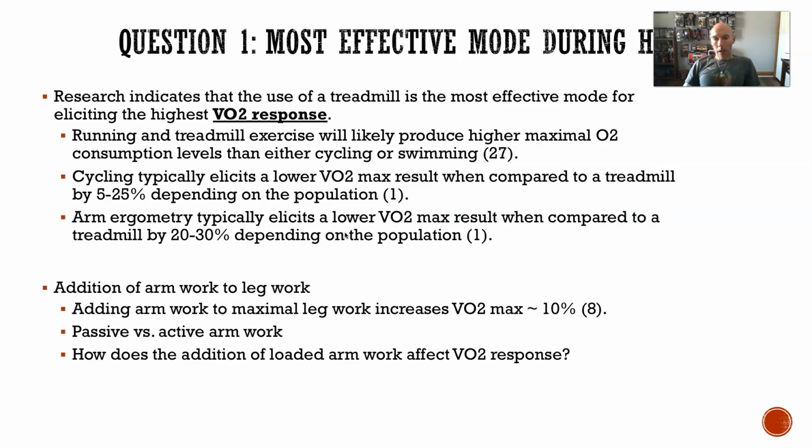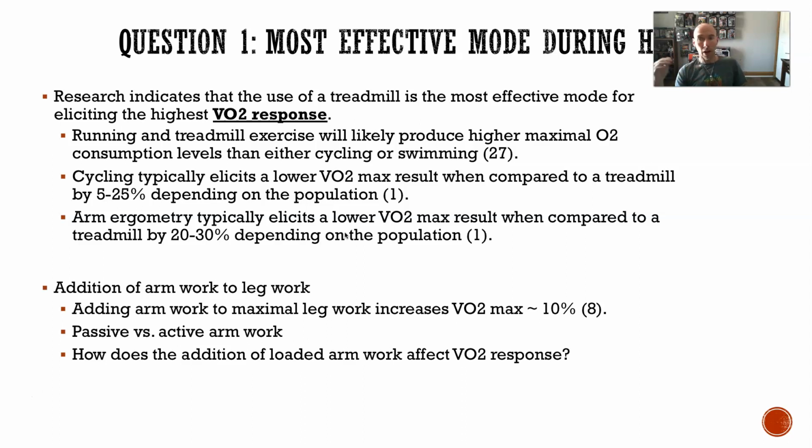Most of the research is going to look at the VO2 accomplished during a given activity. And what they found is not a big surprise to me. Running and treadmill exercise was found to be more likely to get higher VO2 levels than cycling or swimming. And the reason for that is running is a weight-bearing activity.